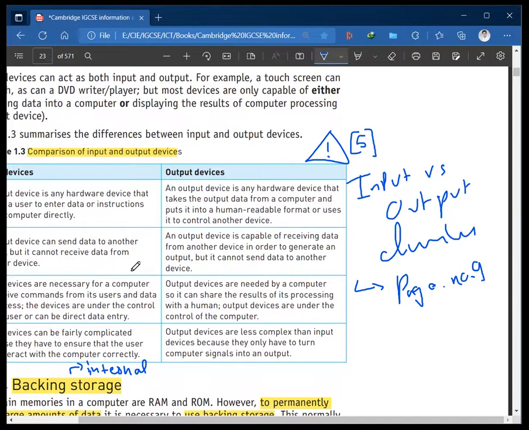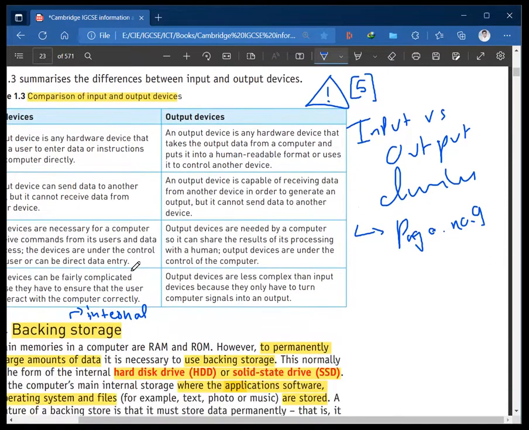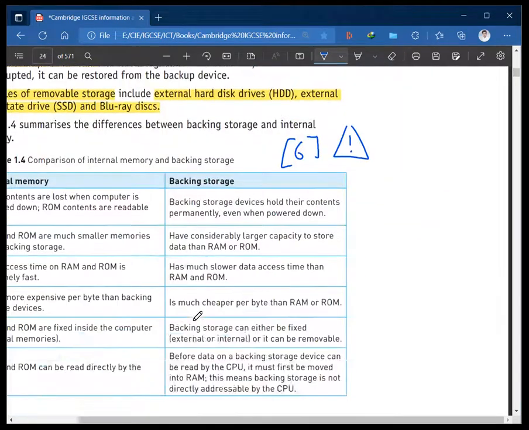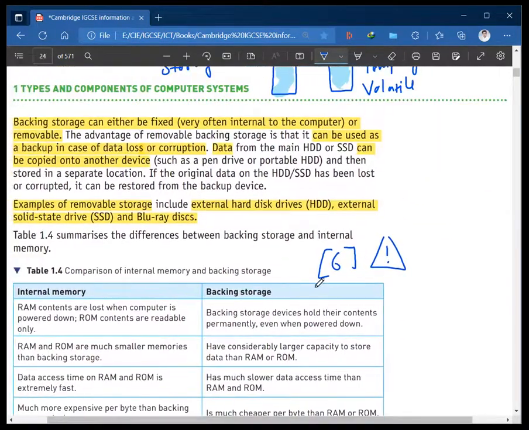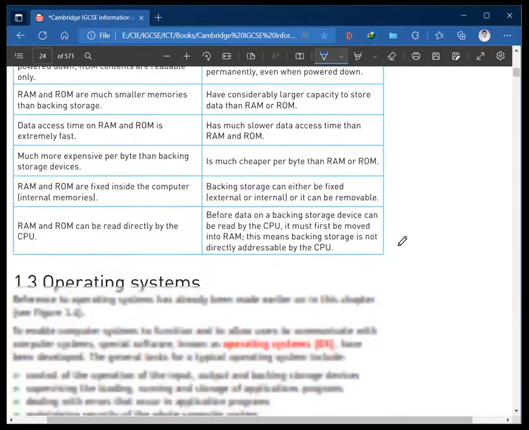Not yet. Last thing, which is backing storage versus internal memory, page number 10.